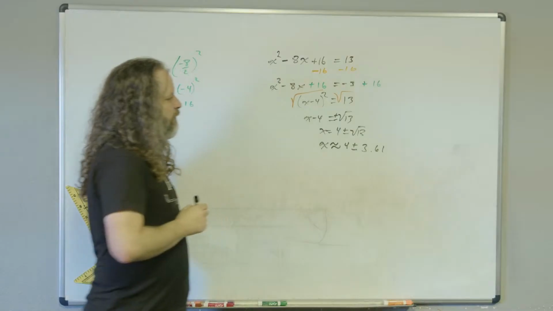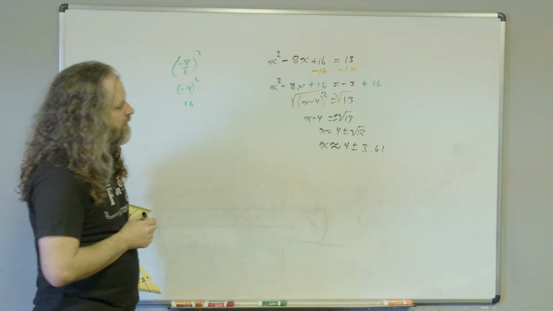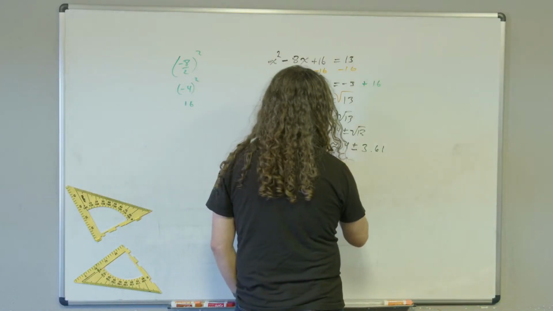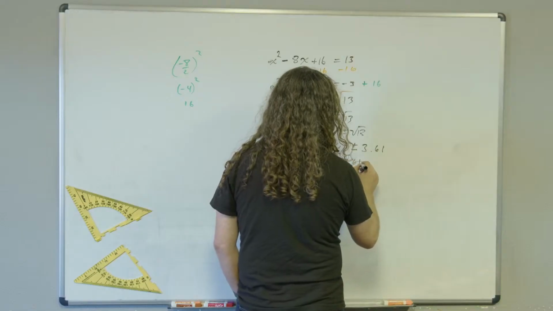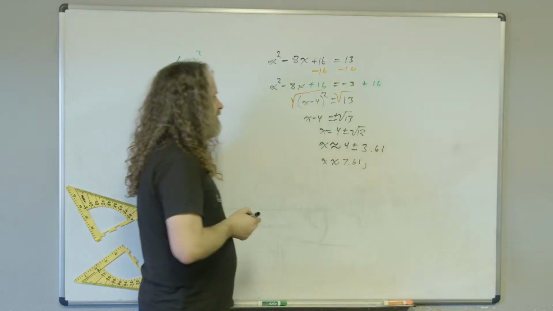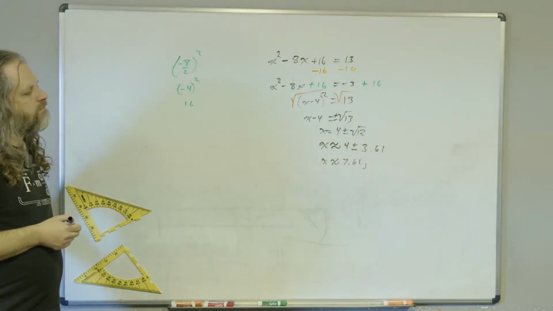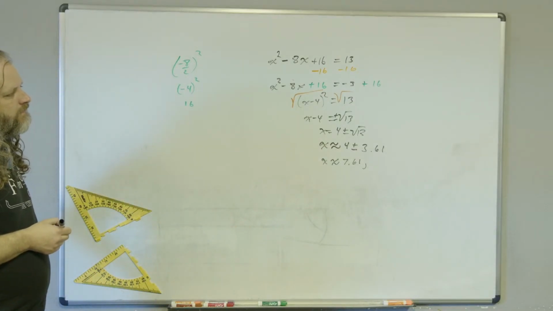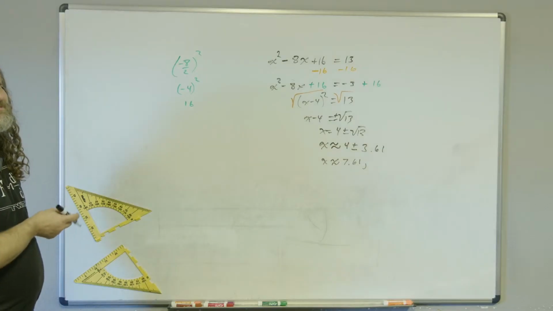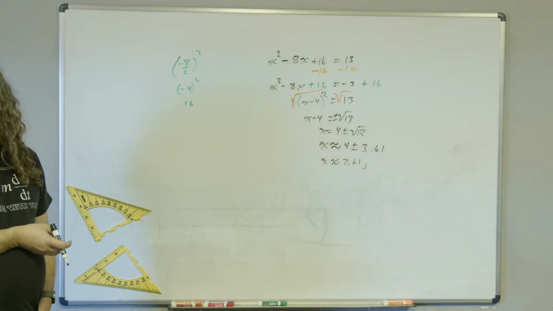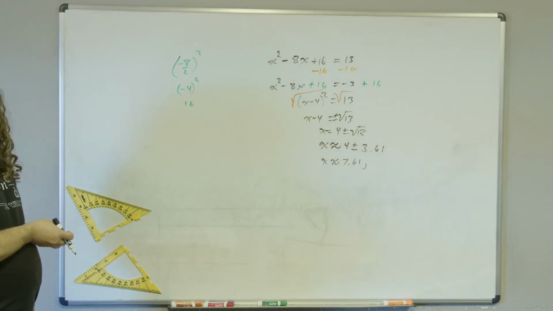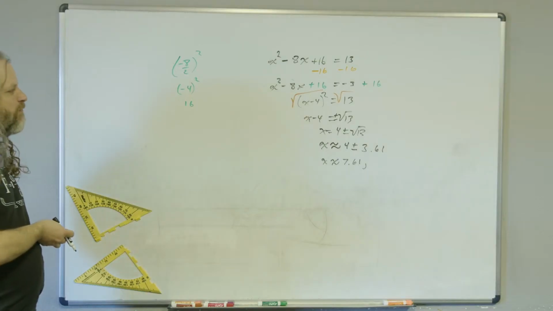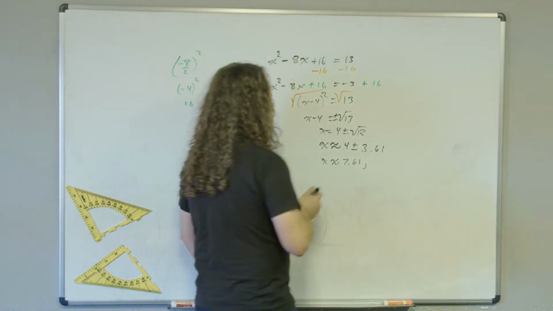Okay, what's 4 plus 3.61? And what's 4 minus 3.61? No. It isn't that either. 0.39 is correct.